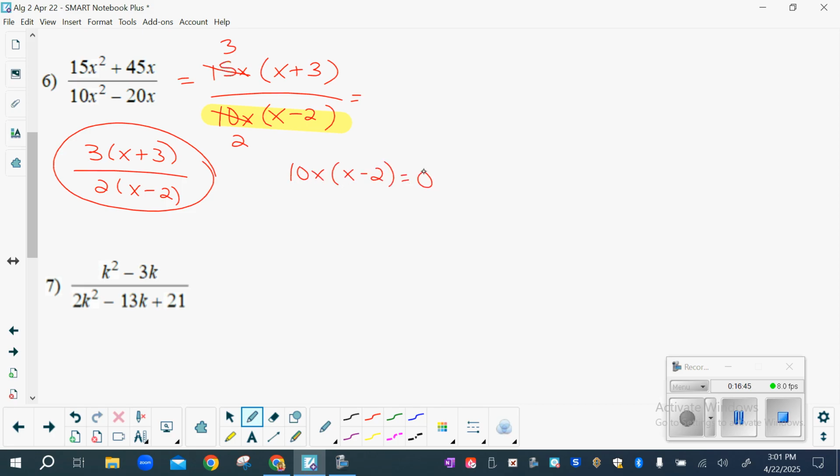Good. So once again, why are we setting that equal to 0? We're setting it equal to 0 because we can't have the denominator equal to 0. So then we use a zero product property. 10x is 0. X minus 2 is 0. Yep. All the numbers except for 0 and 2.